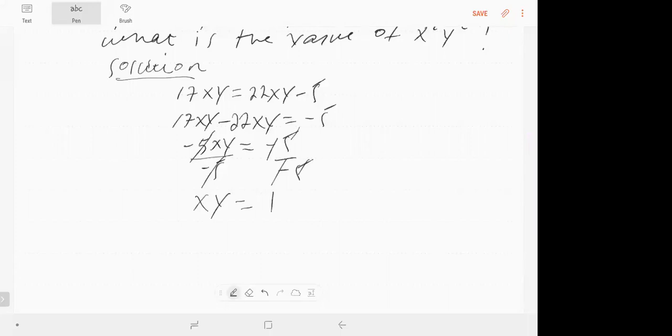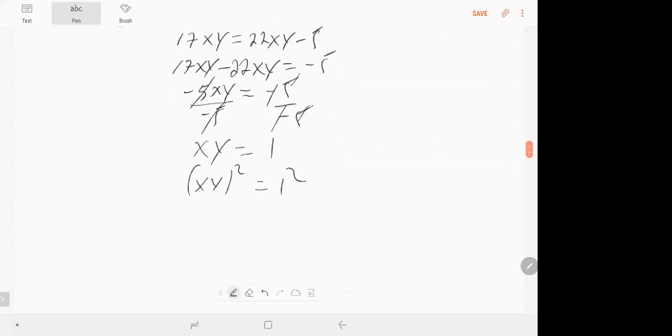So we take the square of the equation on both sides. When we square both sides, we get (xy) squared is equal to 1 squared. So x squared y squared, by the property, means x squared times y squared, which is equal to 1 squared, which is 1. So the value of x squared times y squared is equal to 1.